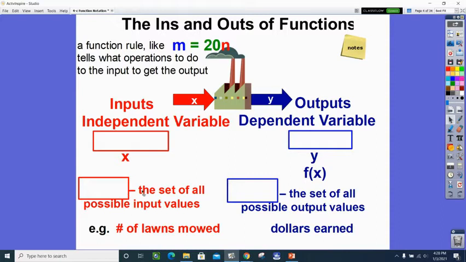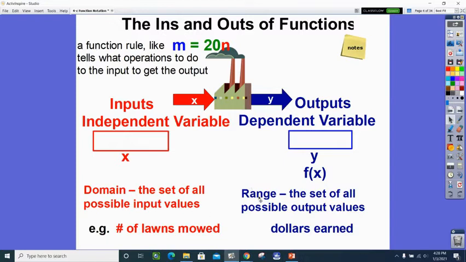Now the question is, what is the name of all possible input values, all possible x's? What did we call that? Do you remember the name for that? We've used it over the last couple of videos. Did anybody think domain? If the set of all possible inputs is called the domain, what is the set of all possible outputs? I'm hoping you thought range.